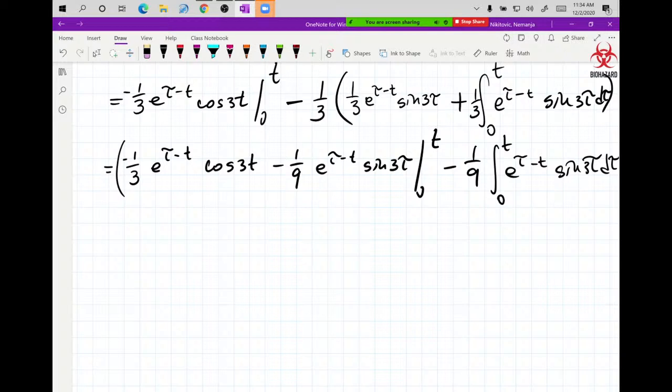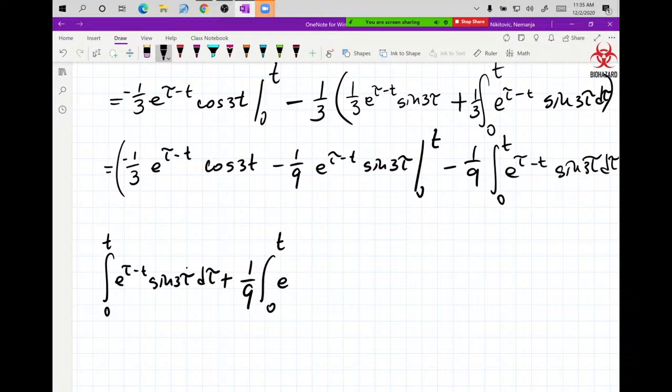Now it's the original problem, the integral from 0 to tau of e to the tau minus t sine 3 tau d tau, plus 1/9 integral from 0 to t of e to the tau minus t sine 3 tau d tau, is equal to this mess here.